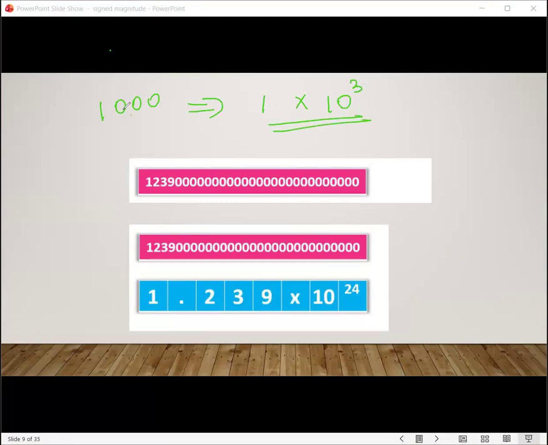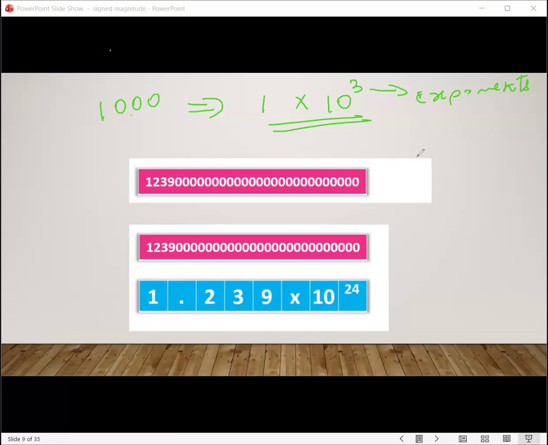Do you know this? Yes, teacher. The number of zeros will be written as the exponent. This is called the exponent. So this type of representation is called scientific notation.